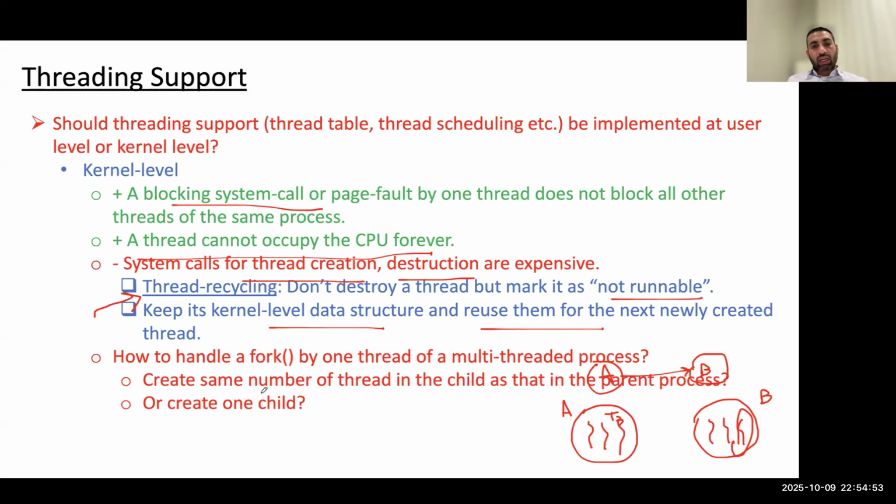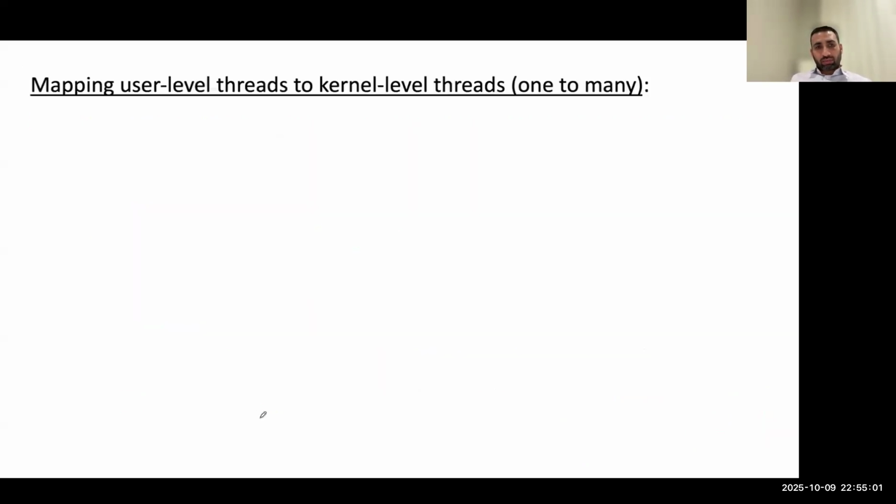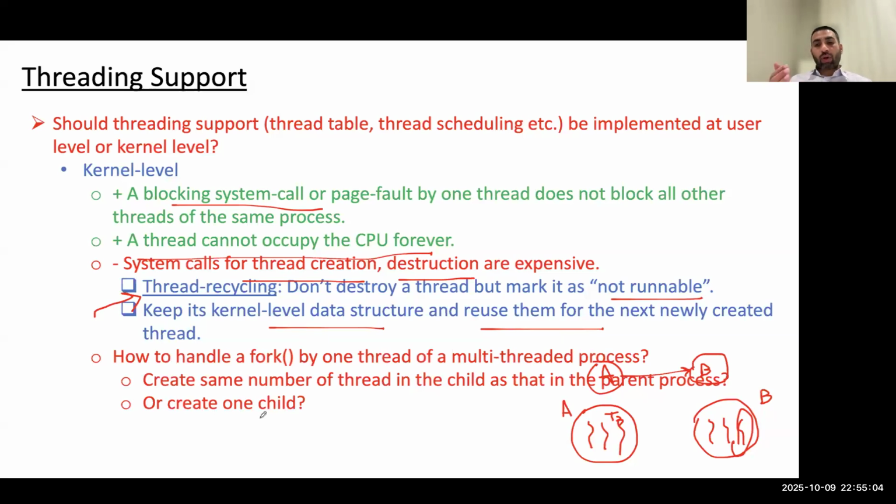So there are two options. We can create the same number of threads in the child as in the parent process, or we can create only one thread in the child. It depends upon what you are going to do after creating the new process. For example, if after creating this new process B, after forking, you say execute exec, which basically means load its address space with the new binary, then since you are overwriting its address space, it makes no sense to copy over all the threads.